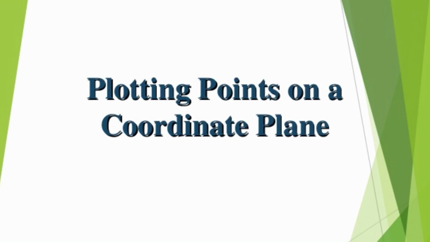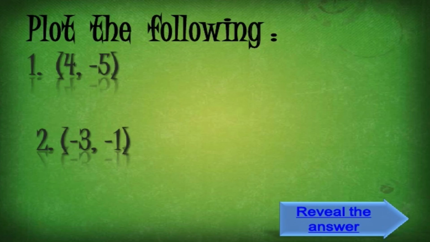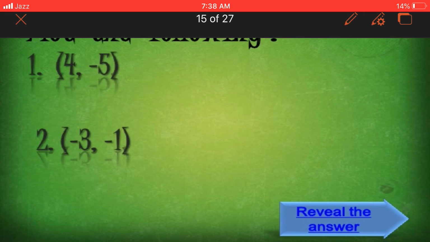Now, how can we plot a point in a coordinate plane? Let's suppose we have the points (4, -5) and (-3, -1). Our first point is (4, -5). Because x is positive here and y is negative, in which quadrant will it lie?